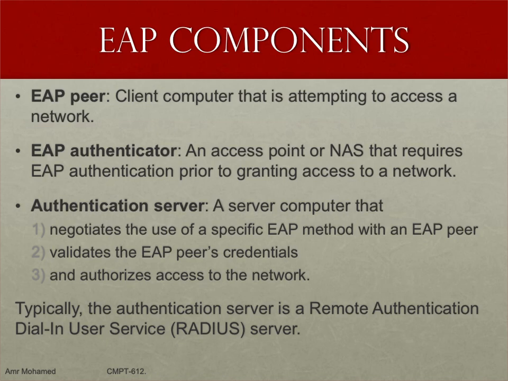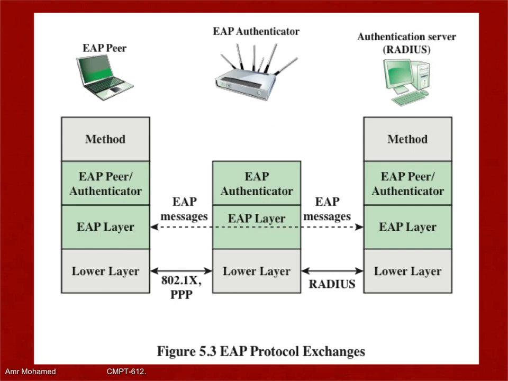Okay, so in order to visualize this, that's what we have been talking about. So this is the layered model. The only difference here is that now we have the EAP peer, which tries to get access through the EAP authenticator. The authenticator will say, fine, I will give you access only if you validate yourself through an authentication server.